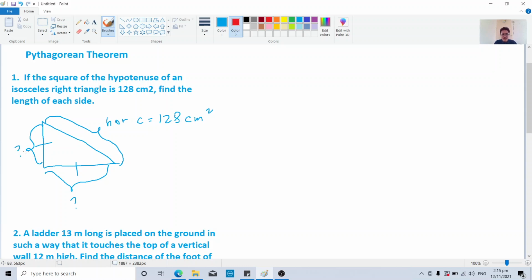How can we use the Pythagorean theorem here since two variables are missing? Since the formula of the Pythagorean theorem is c squared is equal to a squared plus b squared, and what is given in the problem is only the hypotenuse or side C, which is equal to 128 square centimeter.